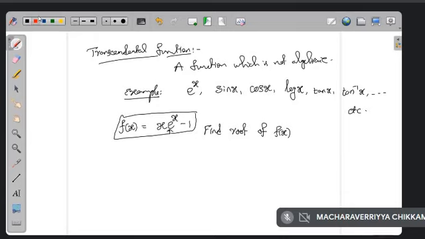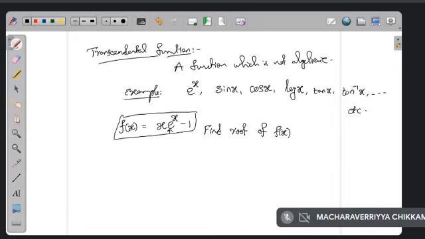And suppose you are asked to classify algebraic and transcendental functions, given some list, you must be able to separate them. One can ask it as an objective question: given four options, which among these functions is algebraic? You can have that kind of question.